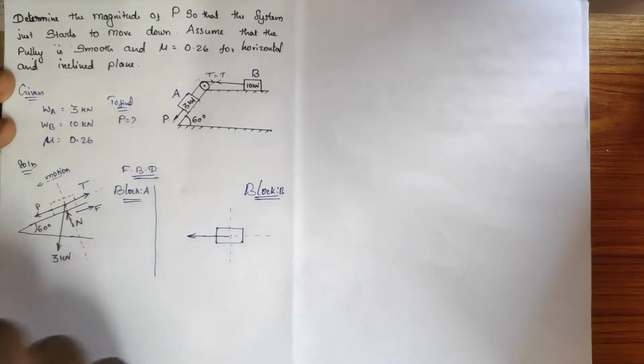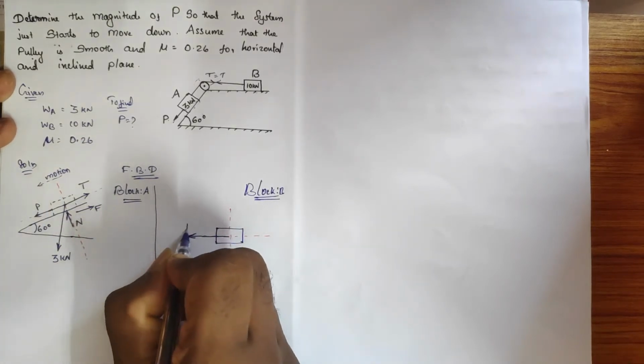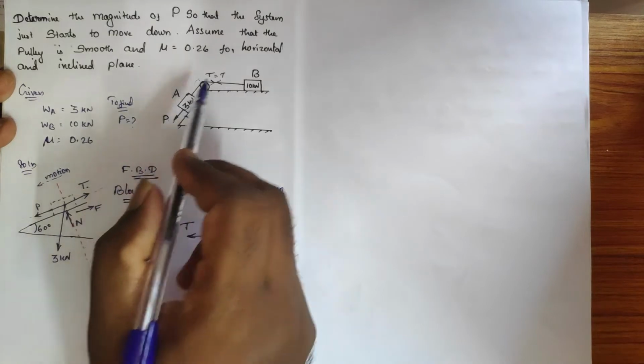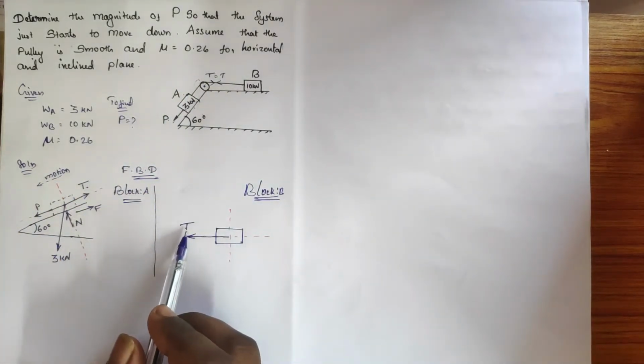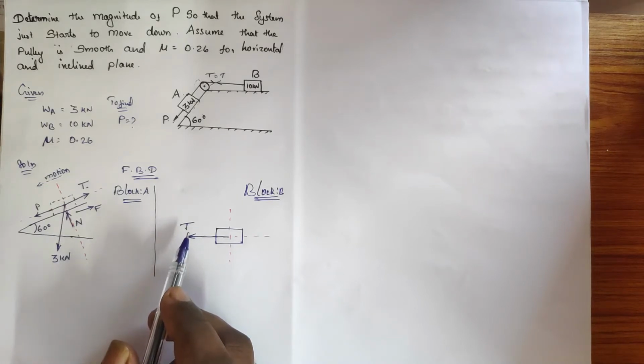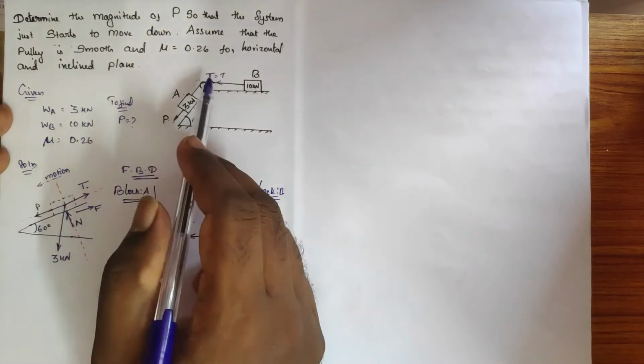The magnitude on block A and block B will be equal, so I just take it as T, both equal in magnitude.